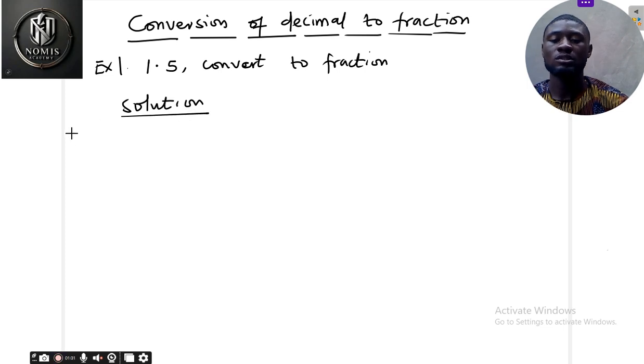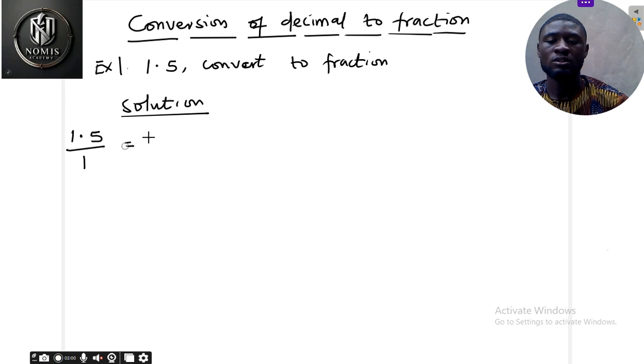Now the solution is that 1.5 is the same thing as 1.5 over 1. Why? Remember that in a fraction where the denominator is 1, the numerator is the final answer. So if I have 1.5 over 1, I still mean to say 1.5. I have not changed the magnitude of the value.